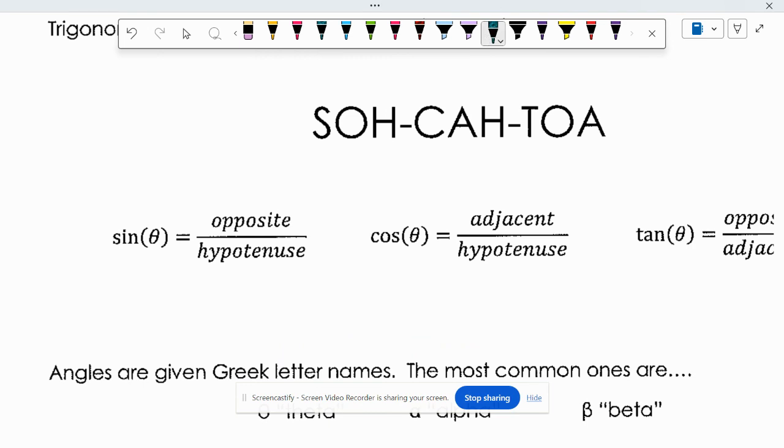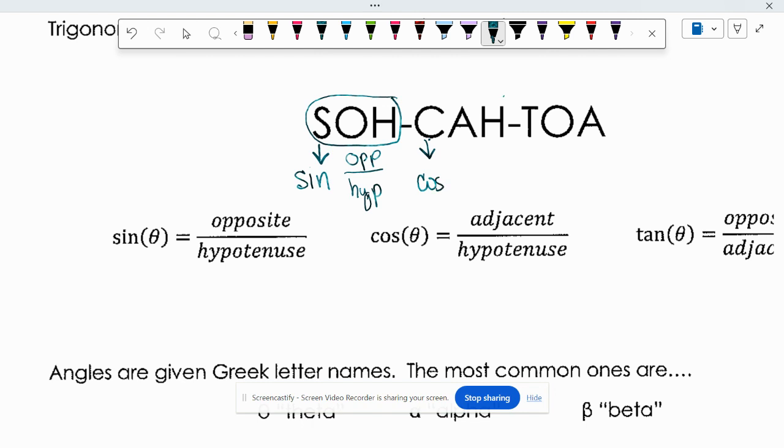So this S stands for the sine. So we say the sine function is SOH, which is the opposite over the hypotenuse. The C stands for the cosine.